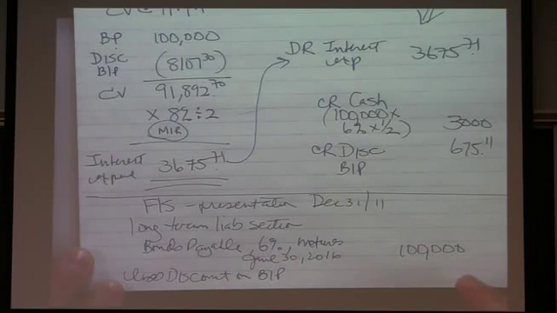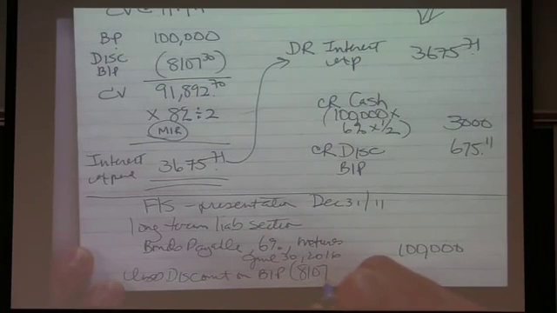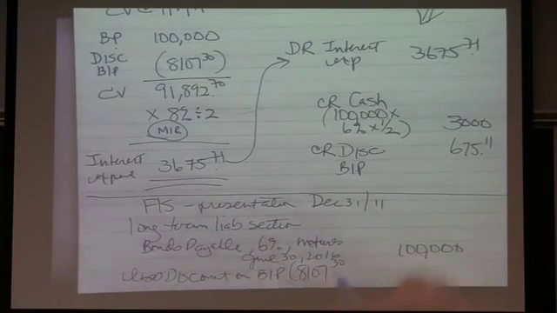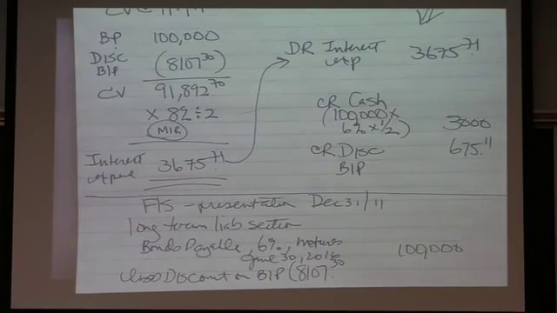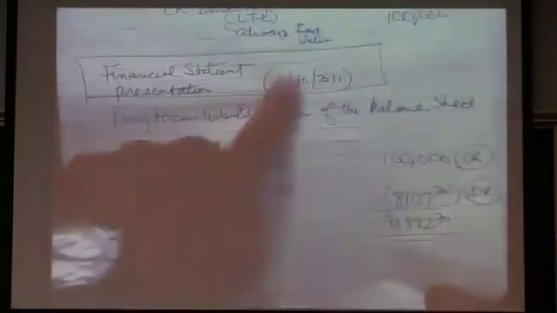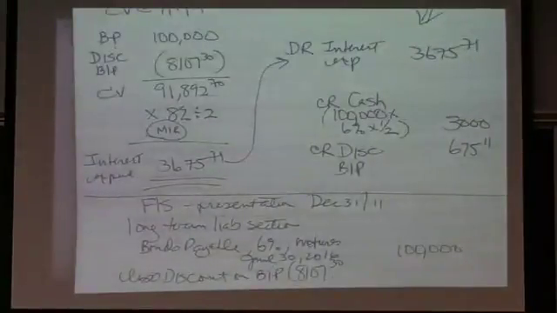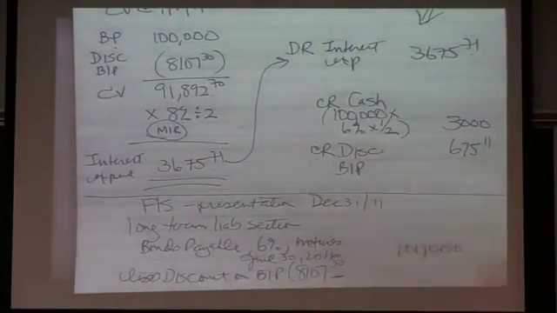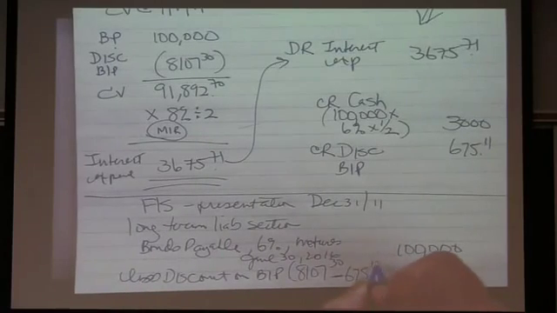And this time, we're going to show not the 8107, it's going to be 8107.30, which, if you recall, was the presentation as of June. But from that one, we're going to subtract the 675.